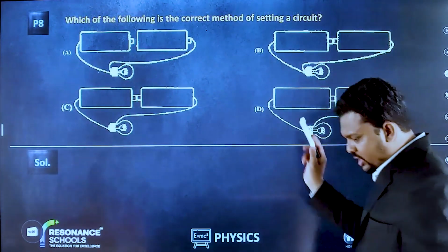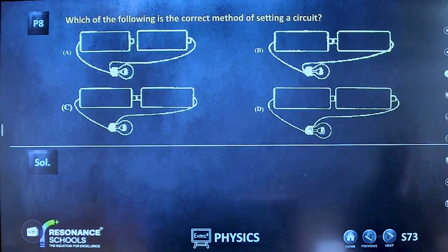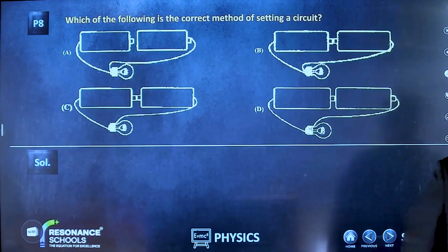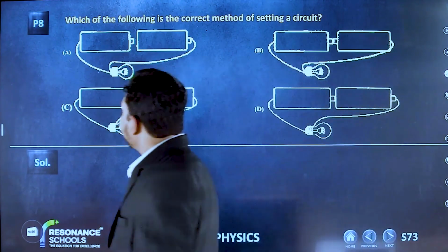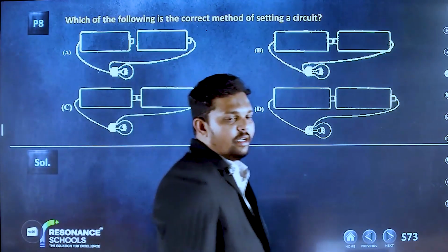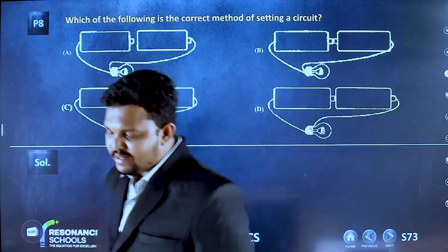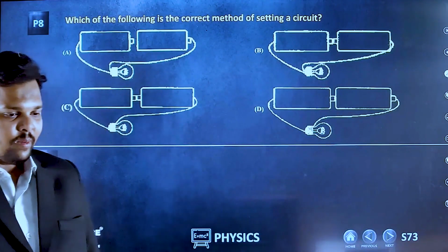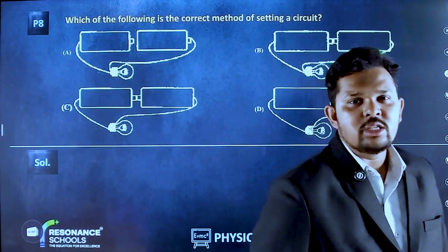So question number 8 please. How many students are answering? Okay, students have started giving the answer. Which of the following is the correct method of setting a circuit? One thing I want to say here, holding experience in JEE as well as NEET: the way you are responding after seeing the question, very fast, keep this speed as usual please.